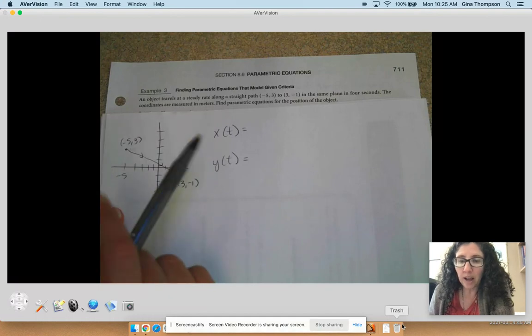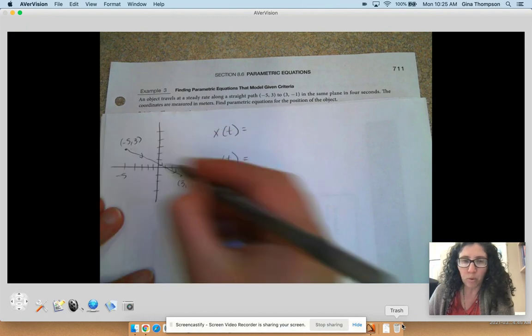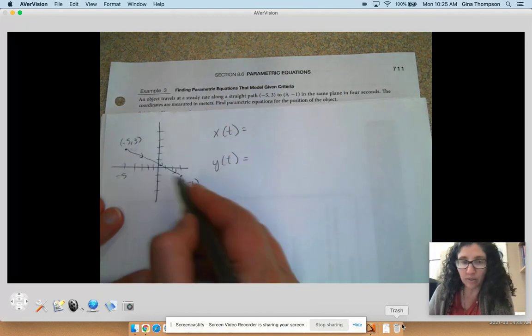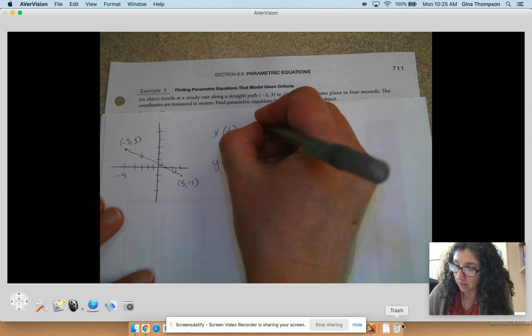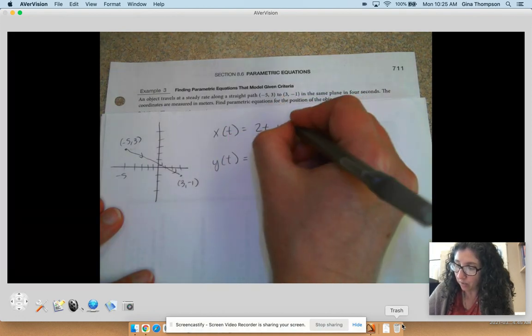So how could we write an equation for this? Well, how fast are we moving? What's our slope in the x direction? We're moving at a rate, if we're going from -5 to 3 in 4 seconds, of 2 meters per second times t, and we're starting at -5.